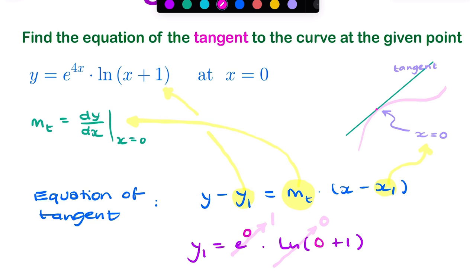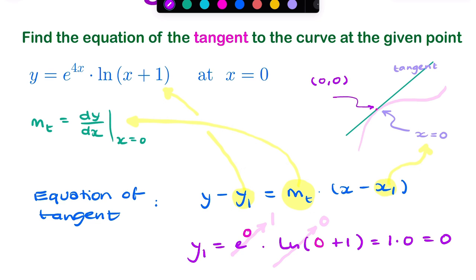You can put that in your calculator, but you're going to have 1 times 0, which is 0. So that's our y coordinate. That means this point here has coordinates (0, 0).